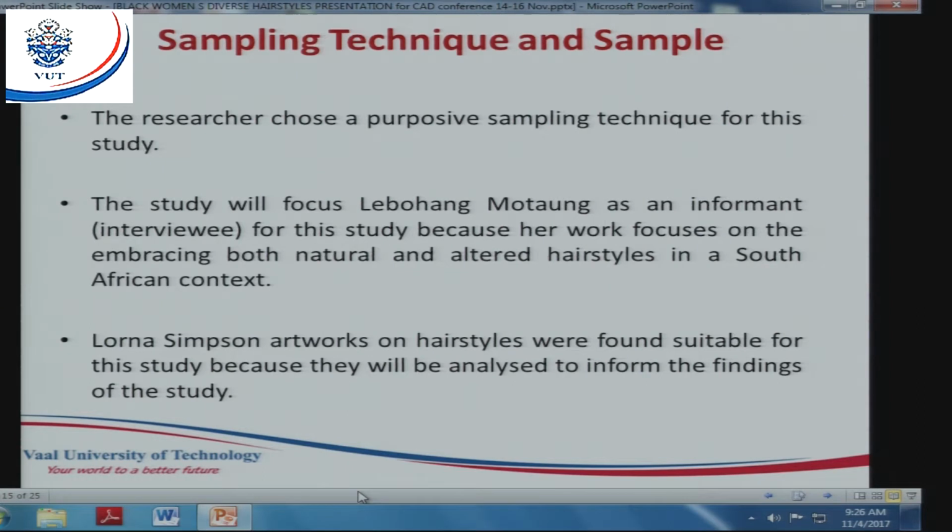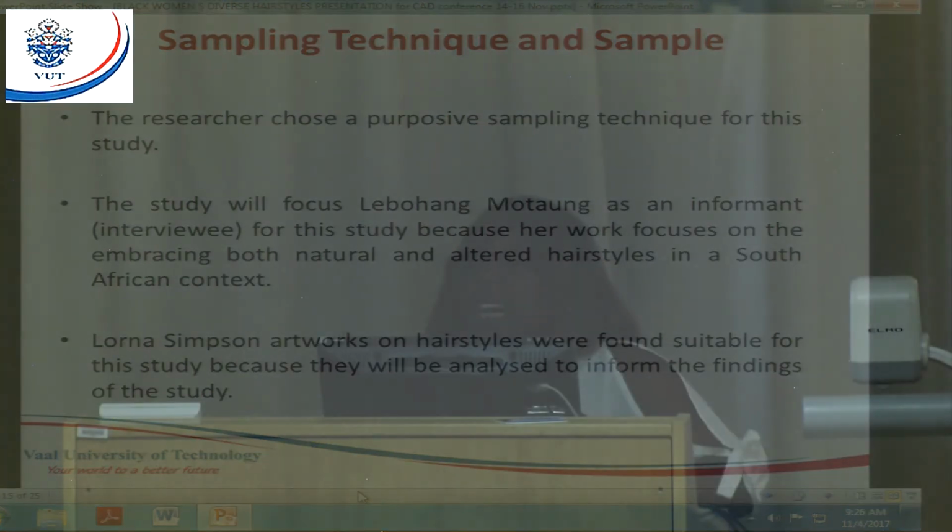The study will focus on Lebohang Motaung as an informant, because her artwork focuses on both natural and altered hairstyles in the context of South Africa. Lana Simpson's artworks on hairstyle were found suitable for the study because they will be analyzed to inform the findings of the study.